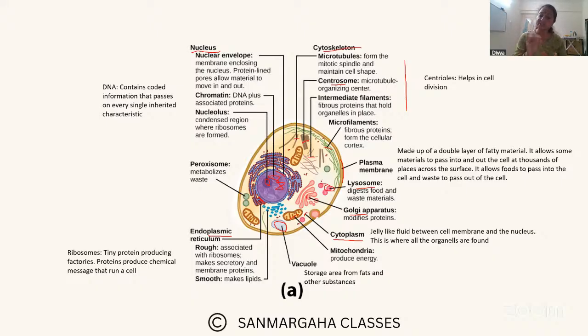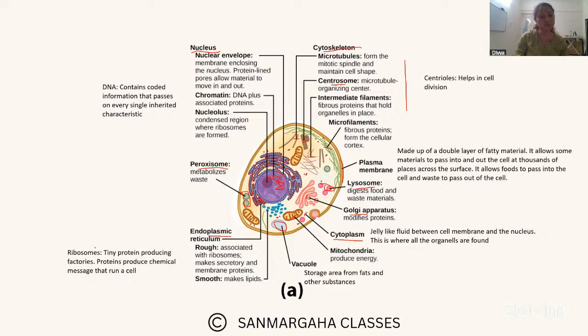Because it is associated with ribosomes that make proteins, whereas smooth endoplasmic reticulum is not attached with ribosomes, but it makes lipids. Then you have peroxisomes. They metabolize waste and detoxify the body. I think everything is told.